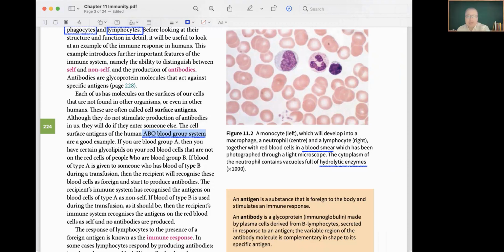So you can say if the person with type A red blood cell has been mistakenly transfused with type B blood, what will happen?